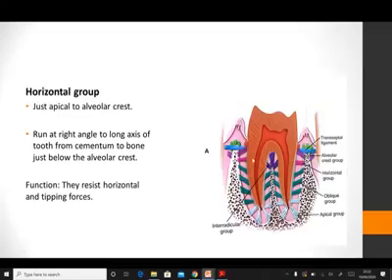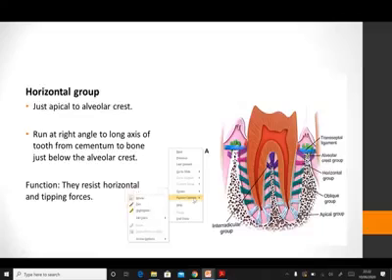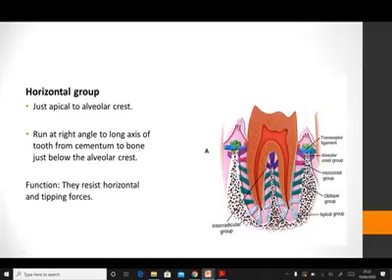So here this pink system is your horizontal fiber system. This is your alveolar crest. It is present right below the alveolar crest, and it is inserted onto cementum on one side, and it runs at a right angle to the long axis of your tooth and is inserted onto the alveolar bone on the other side just below the alveolar crest.